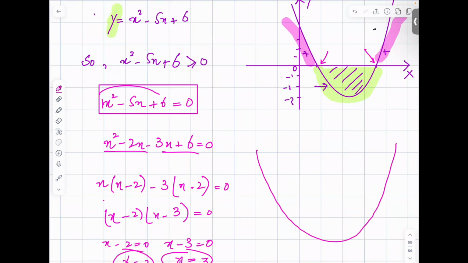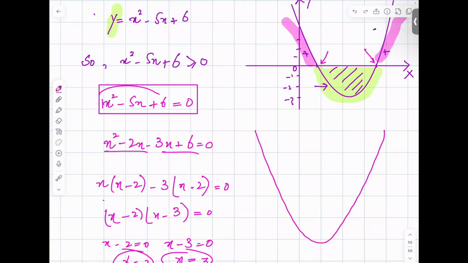Now, since it is a smiley curve, it is going to be like this. And these are the points where this curve intersects the x-axis, 2 and 3.